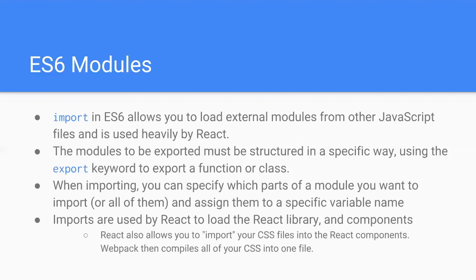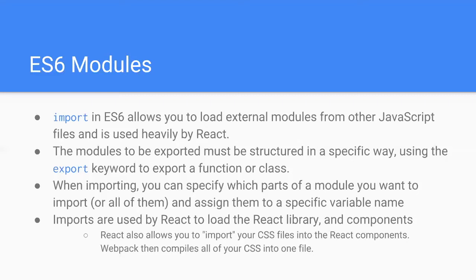This is used really heavily by React. We do this to pull in dependencies, to pull in the React library code. We also do this to pull in components from other files, React components. We have to export the modules in a specific way using the export keyword to export a function or a class or a variable.